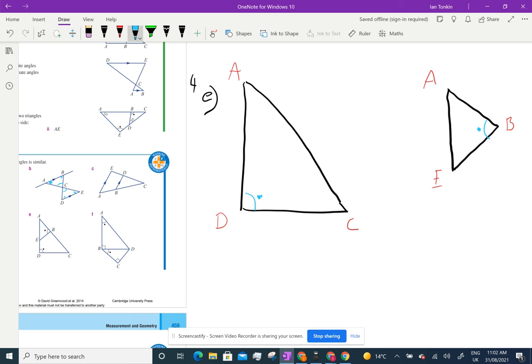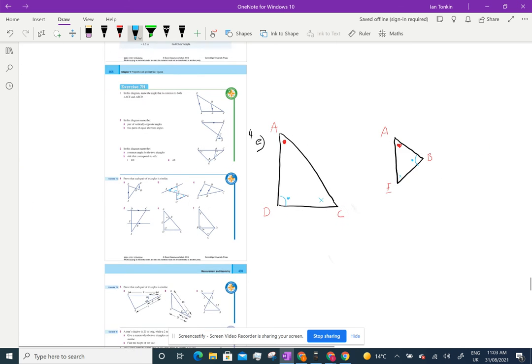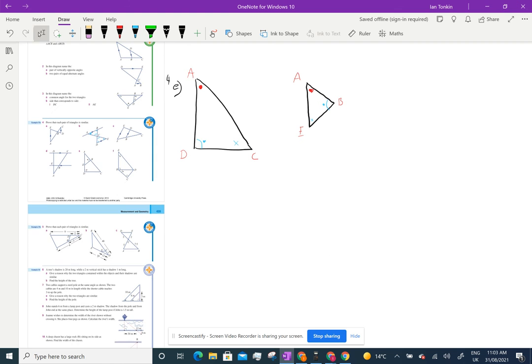We've only got one angle. But no, you don't. Look, you know that this angle and this angle are the same. They're common. And then you can get this angle and this angle because angle sum of a triangle.